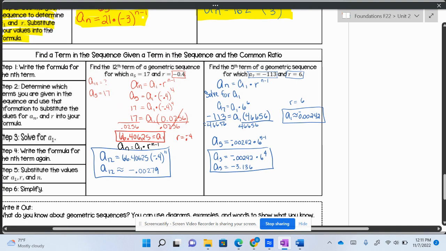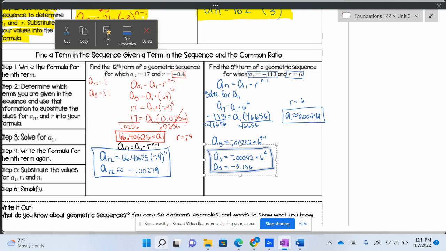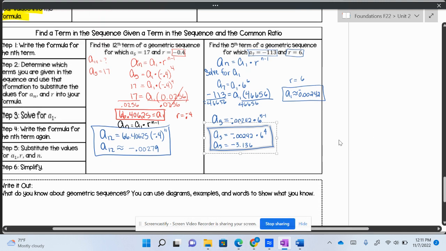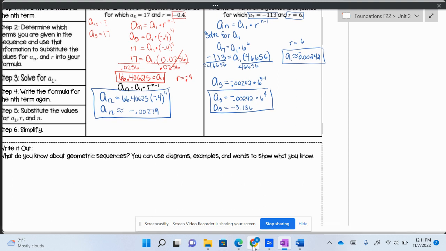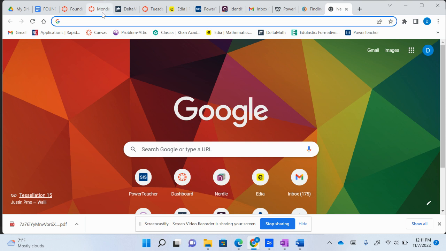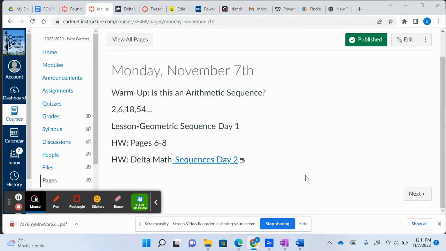Okay, so I want to talk to you about your homework. It just says, what do you know about geometric sequences? It has a common ratio. Thank you, but I'm not having you do all 4 pages. So listen, you're going to do page 6 and 7, all of it. I want you to do all of page 6 and 7, and then cross off 13 and 14.